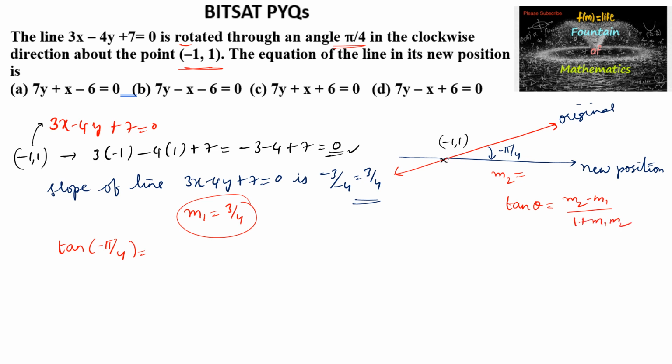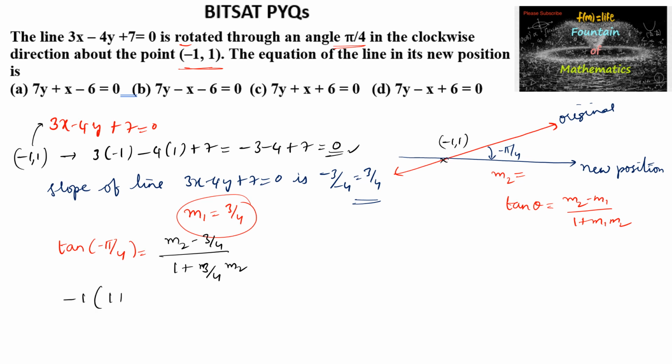So we can write m2 minus m1, that is 3 upon 4, divided by 1 plus m1, that is 3 upon 4, into m2. Tan of minus pi by 4 is negative 1.